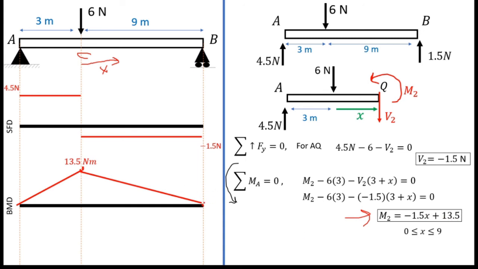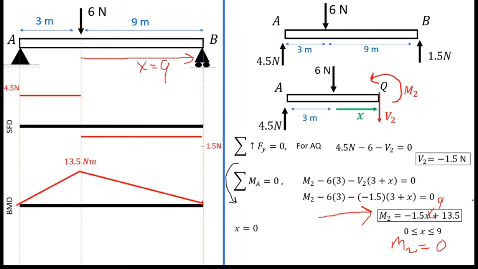And if you want to check the value at this point, x is this far, x equals 9. You can simply substitute x equals 9 and see the answer. If you substitute x equals 9, you find M2 equals 0.